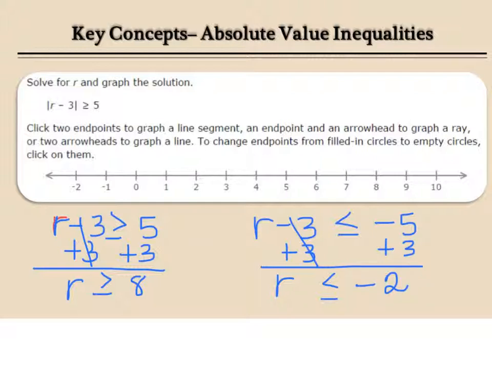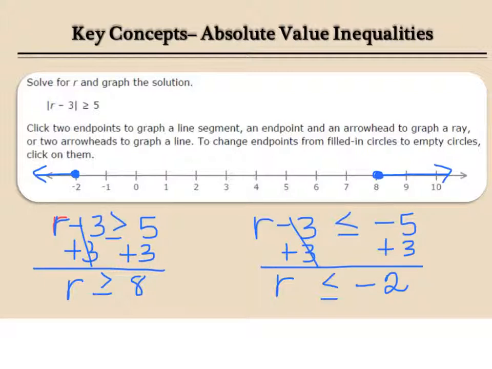Because my inequality symbols are underlined, I know they're closed circles. I have one at 8. I have one at negative 2. And again, because it is an "or" inequality, my arrows are pointing in opposite directions. So those are the 2 solutions for that inequality. Again, if you're not sure what I did, watch it again.